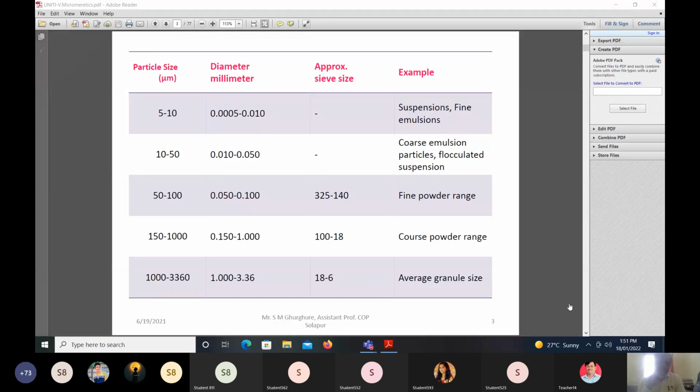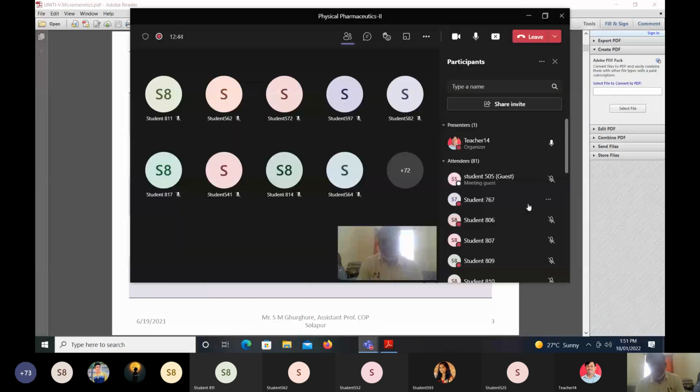Bioavailability and drug absorption are two different terms. What does bioavailability mean? The rate and extent of the amount of drug which reaches the systemic circulation is called drug bioavailability.